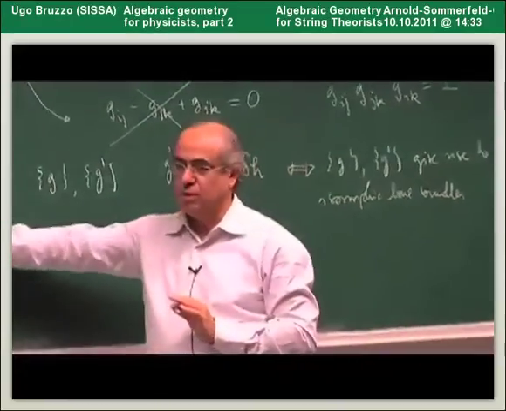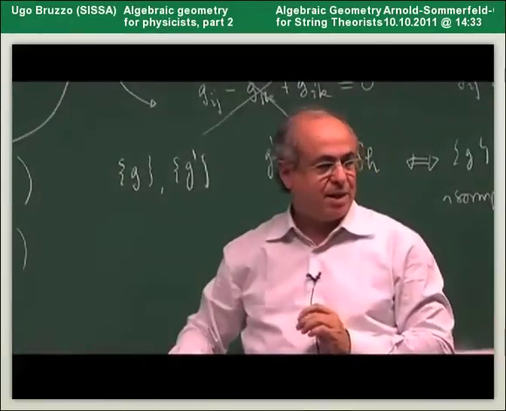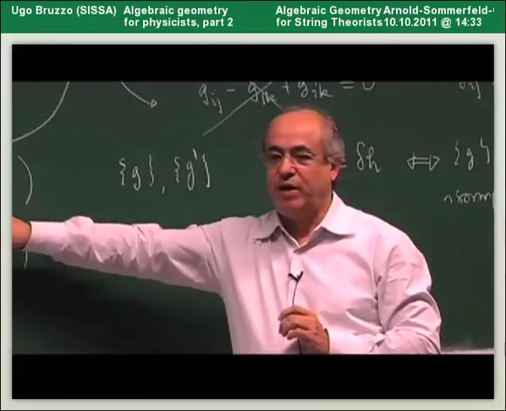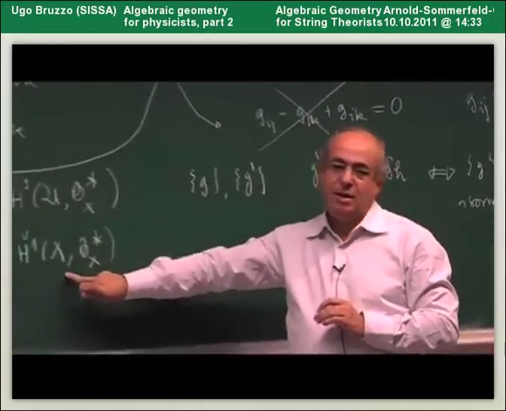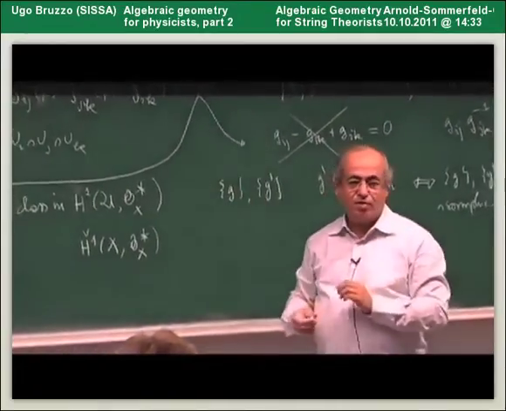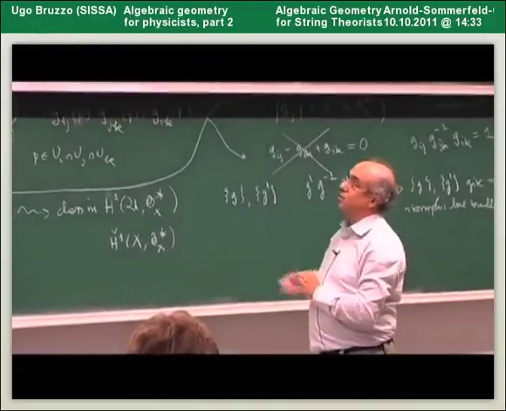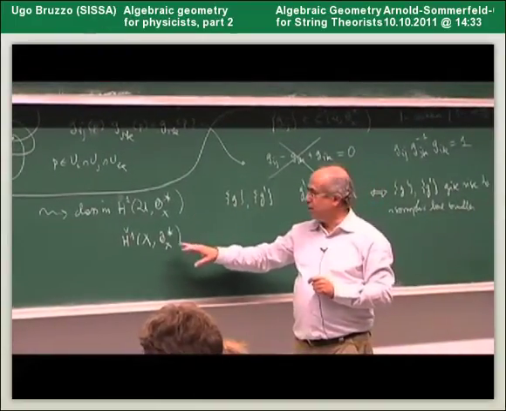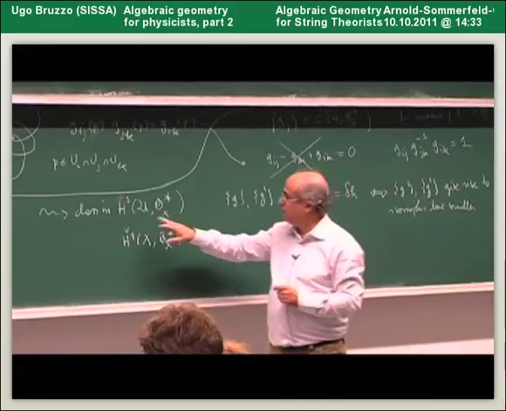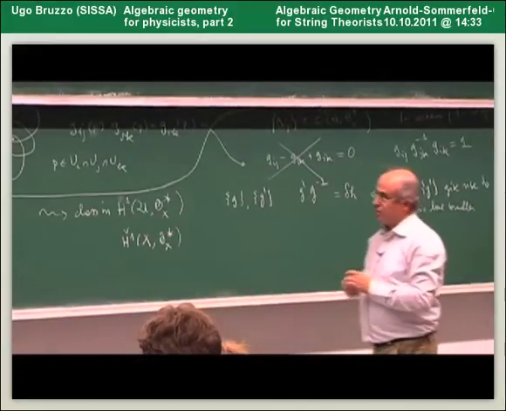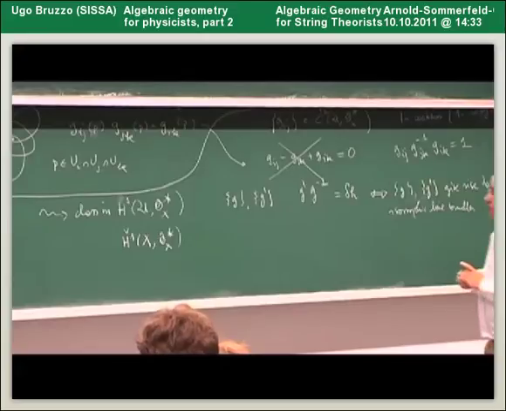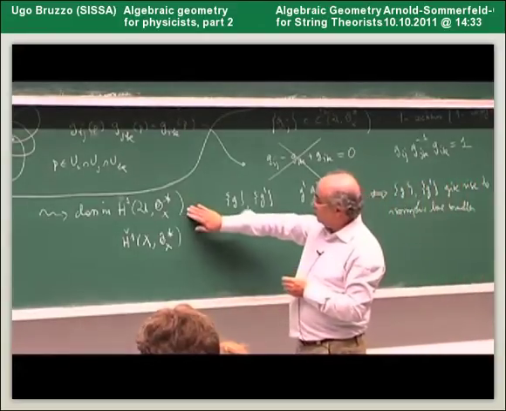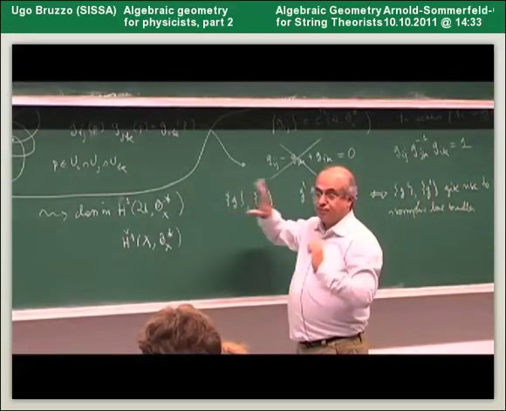But this is possible. So I will put this under the carpet. I don't write the open cover anymore. I will write X here, and I'm saying, please be comfortable that there is an open cover which makes the job. So in actual computations, you use the open cover, I mean, you use the presentation of the cohomology group in terms of the open cover.